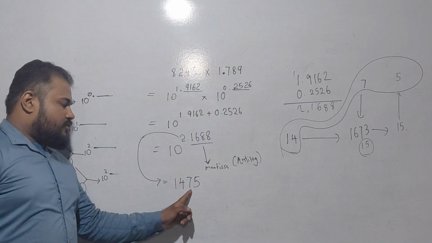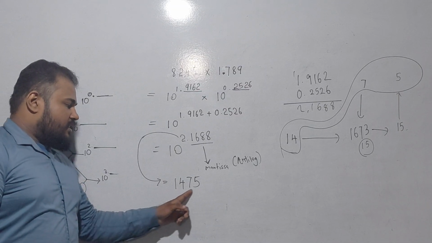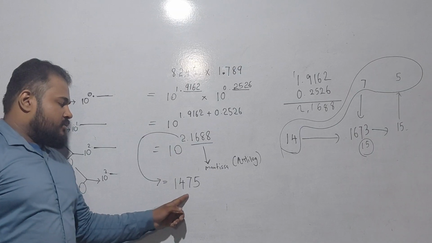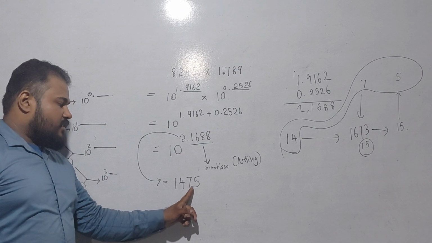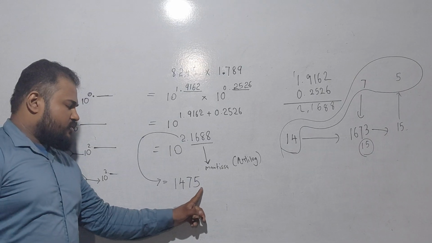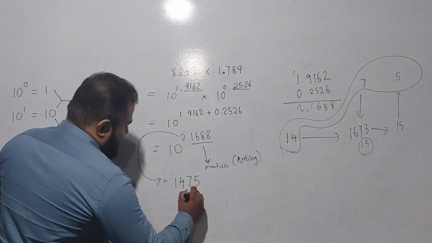So using these four digits, I just need to find a value that is greater than 100. Is it 1.475, 14.75, 147.5, 1475? It is 147.5.